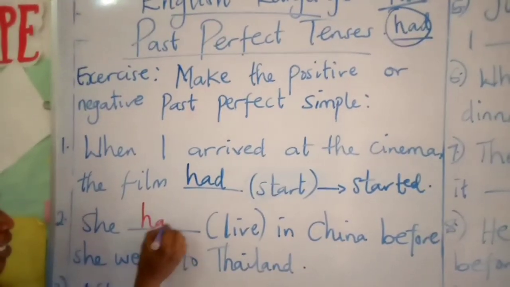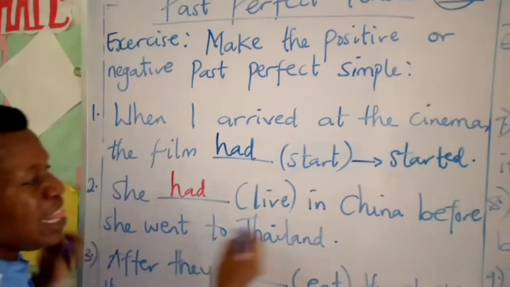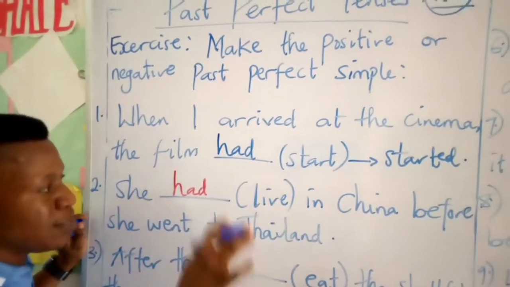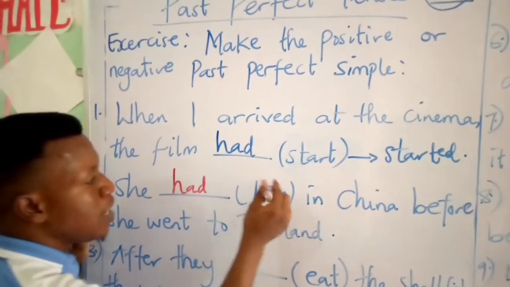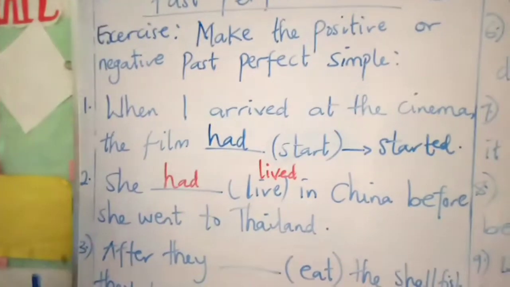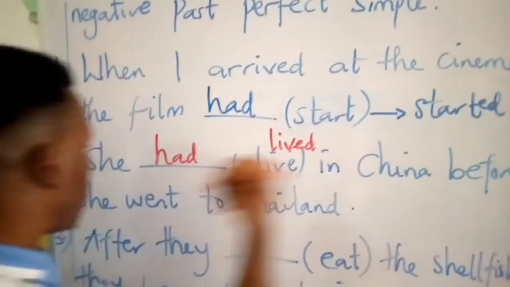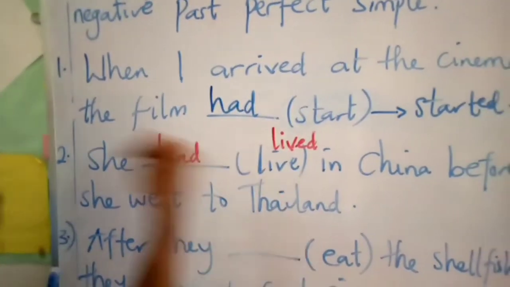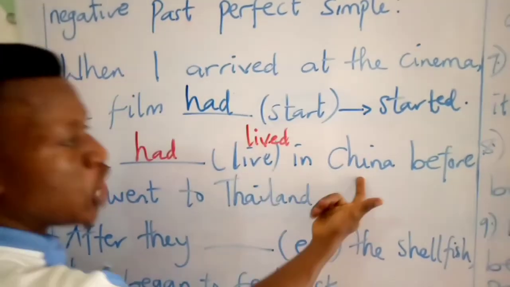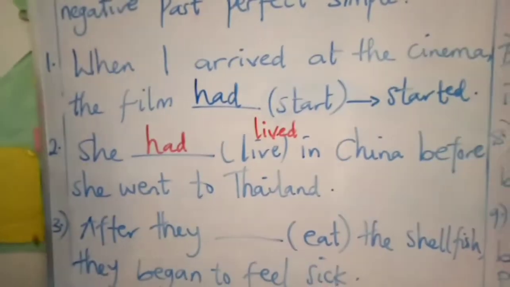She had leaved. This leave would change to the past tense, and the past tense for leave is lived. She had lived in China before she went to Thailand.